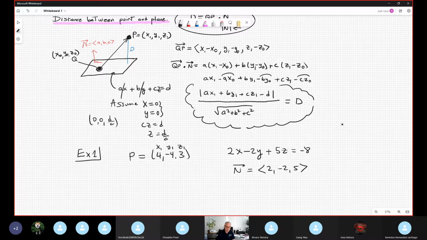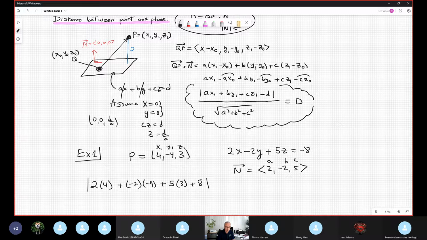So you use the formula: 2 is A, multiplication by 4, which is X1, plus B, which is negative 2, multiplication by negative 4, which is Y1, plus 5, which is C, multiplication by 3, minus D, where D is negative 8. Be careful because the formula has a minus, D is negative 8, so it becomes plus.